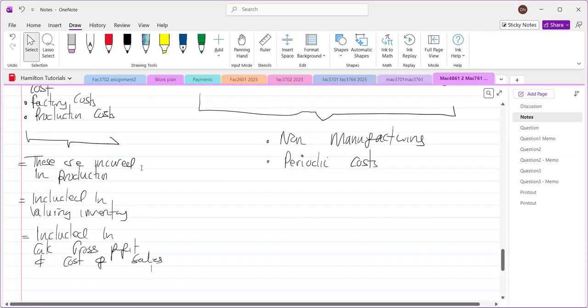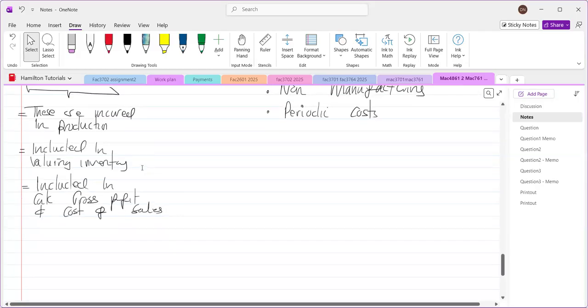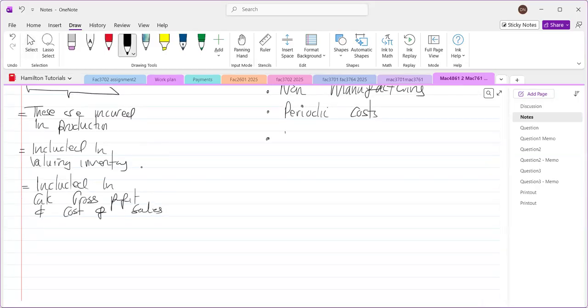So the periodic costs, since they are not included in the gross profit calculation, are written off against gross profit in calculating net profit.